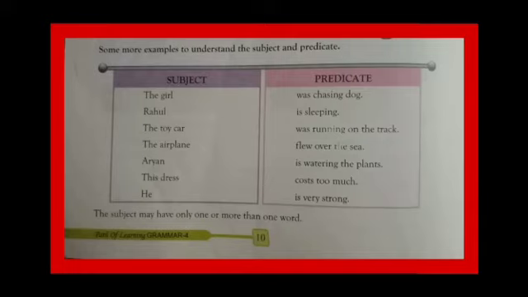The subject might be a noun or it might be a pronoun. In examples 1 to 6, the subject is a noun, and in the last example, he is very strong, he is a pronoun. Hence it is clear that the subject might be a noun or a pronoun.